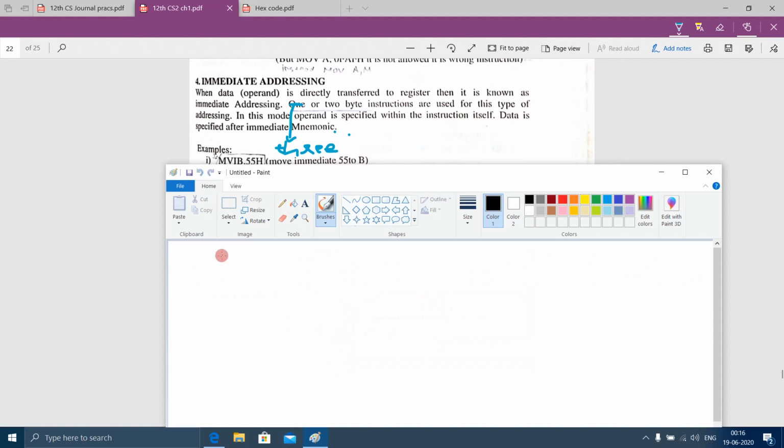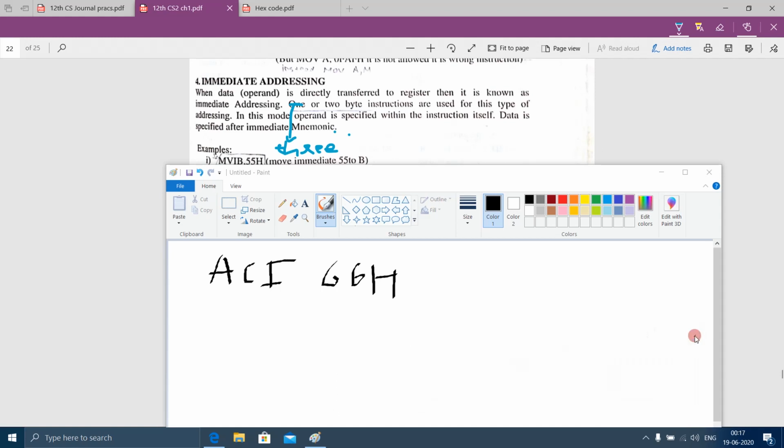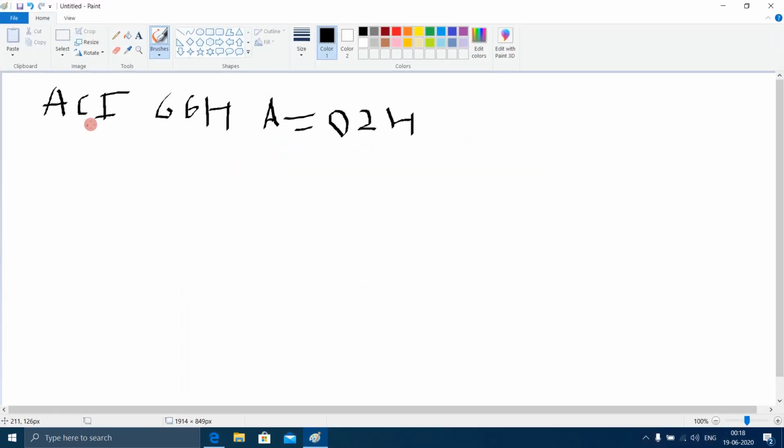See, in ACI instruction what happens? ACI, for example, this is an example, ACI 66H, and just assume in A, that is in accumulator, just assume that 02 is stored. The purpose of this instruction is, and it involves carry.